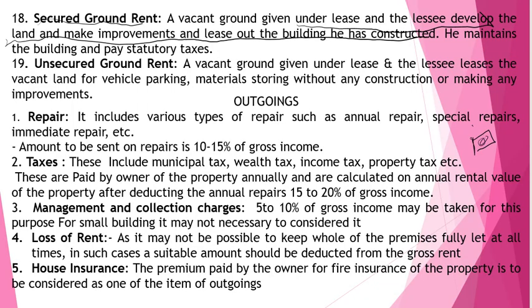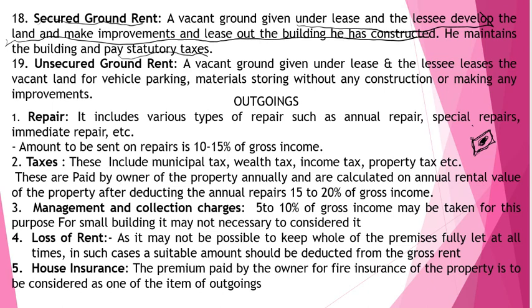The lessee constructs a building over it, and the lessor is getting ground rent. Because a building has been constructed, this type of condition is secured, where the landlord will get secured rent. He has more security, so he maintains the building and pays statutory taxes.